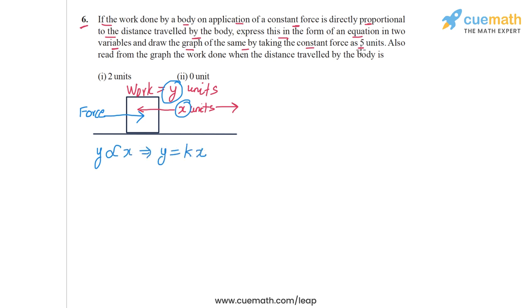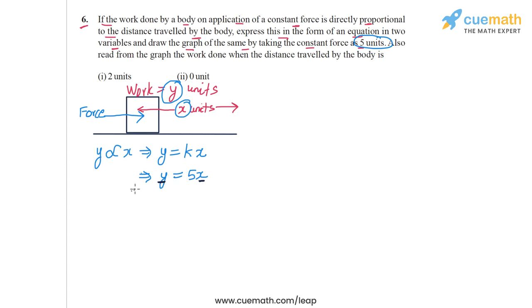And we're also told to take this constant as 5 units. Hence we can write the relationship between y and x as y equal to 5x, where y is the work done and x is the distance moved. So this is the equation we were asked to find, an equation in two variables relating the work done and the distance traveled, y equal to 5x.